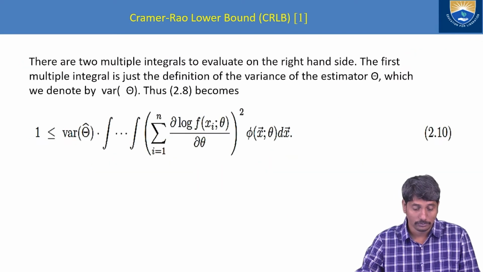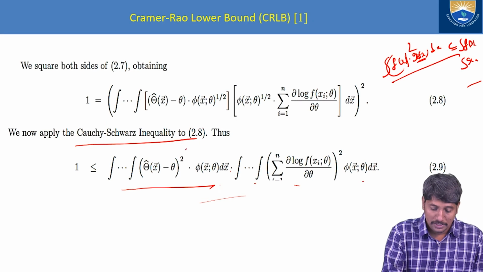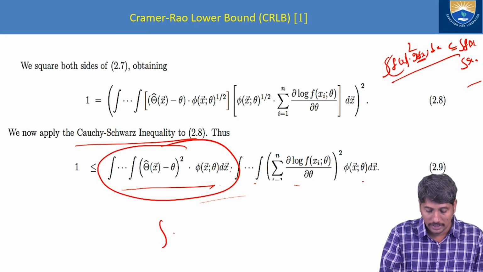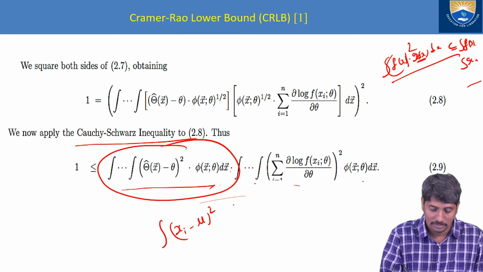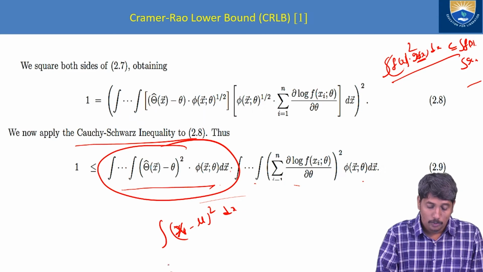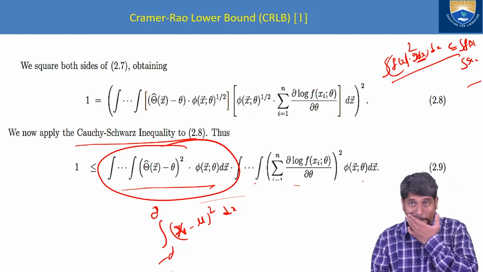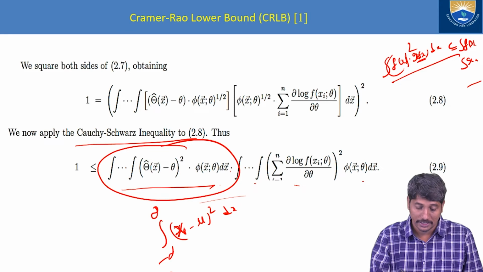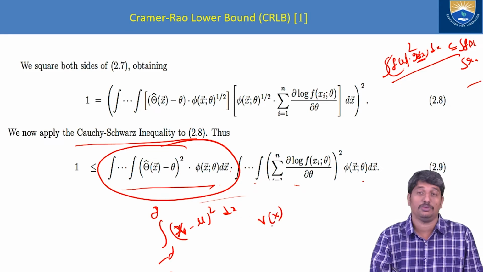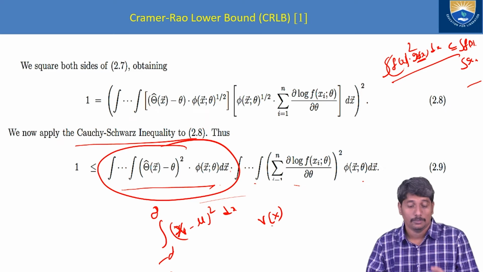Now please carefully observe this. What is this? It is like the integral of x minus mu whole square dx. When you see x minus mu whole square dx, you immediately understand this is the variance definition, because we have seen this in our probability and statistics.